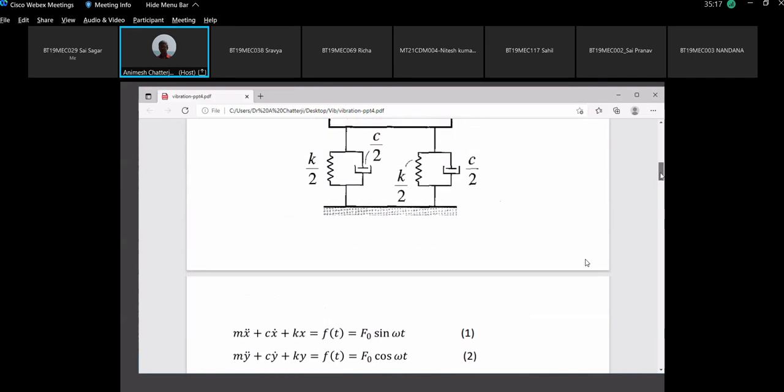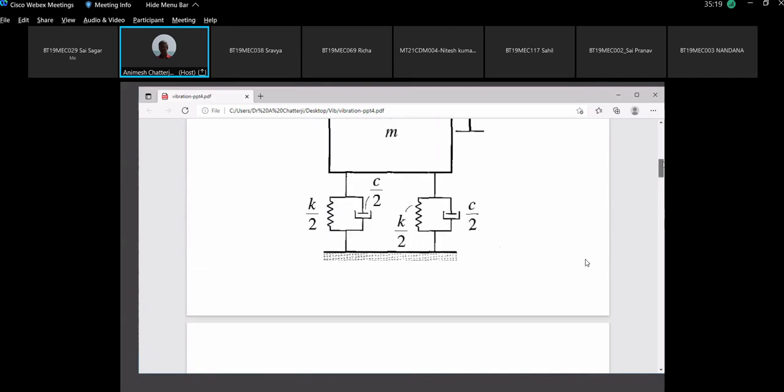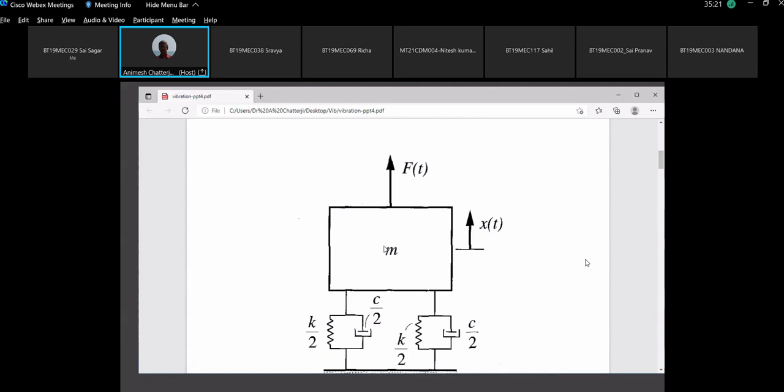Let me slightly modify my discussion. In this machine, let there be unbalance. If the machine has unbalance, then the rotating force will have one vertical component and one horizontal component.